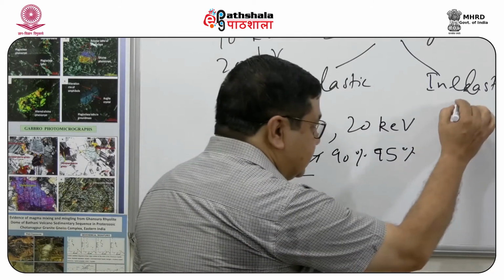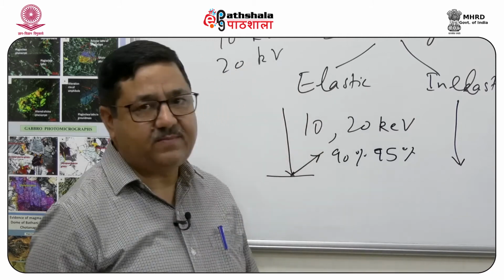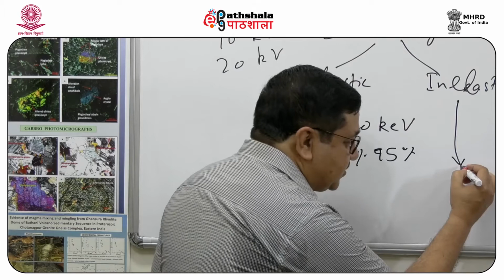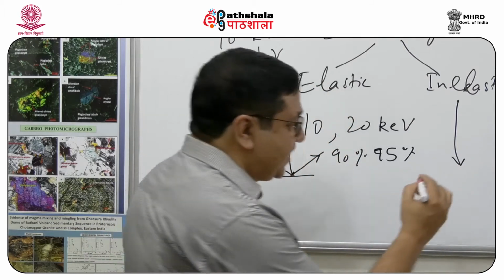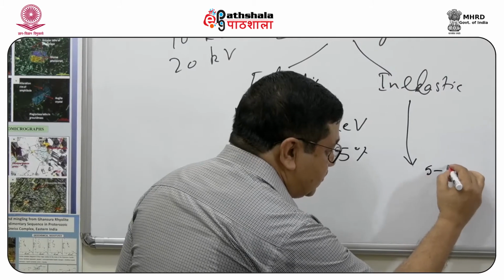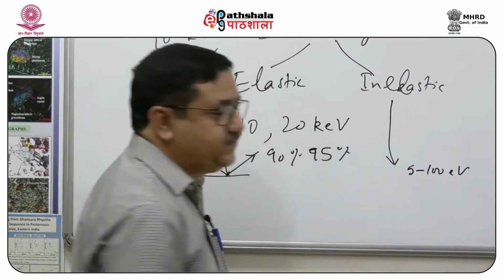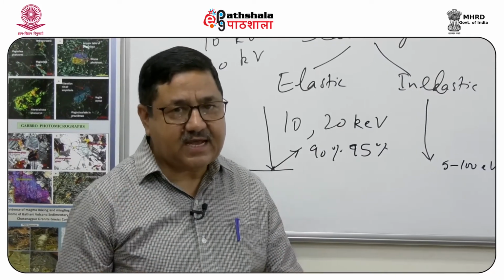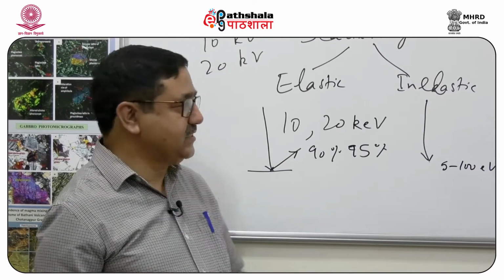In the other case, the incident electron beam may not change its direction, but loses most of its energy, and is now in the order of 5 to 100 electron volts, then that will be an example of inelastic scattering.